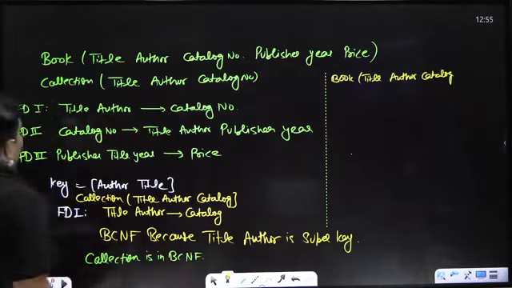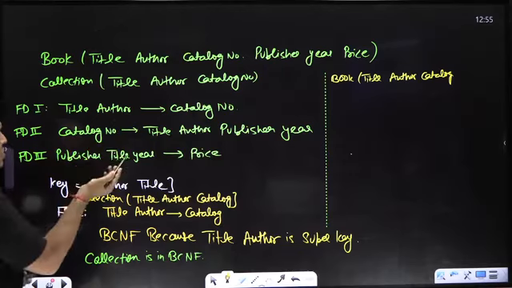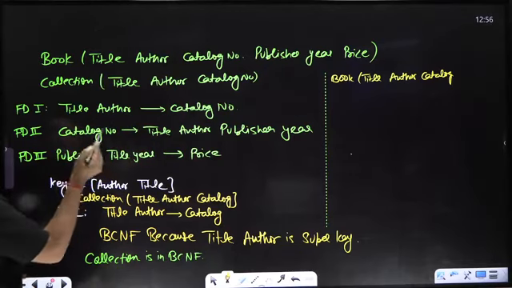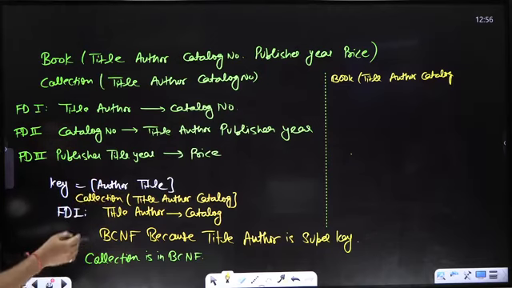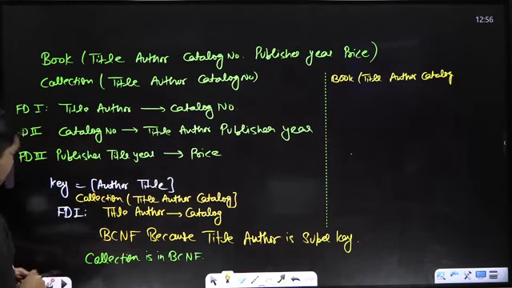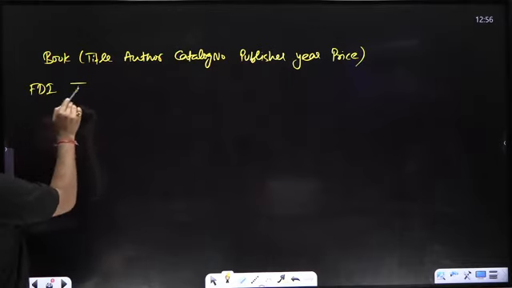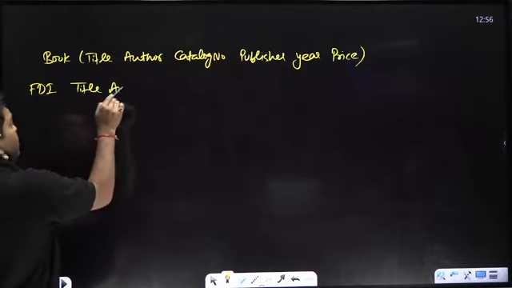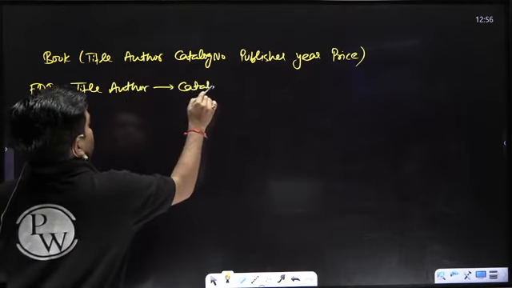Now here, which FDs? You can say all three FDs we can check. FD number one: title, author determine catalog number. This FD belongs to this schema.